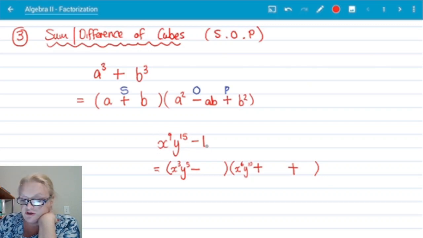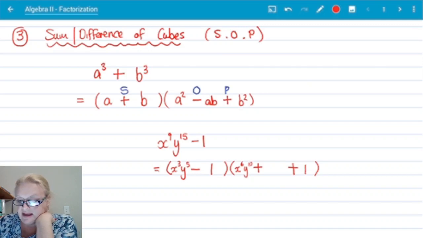The cube root of the second term is 1, and immediately I square it here to give you a 1. And now I say the first term times the second term in the middle. 1 times that just leaves me with an x cubed y to the power of 5.